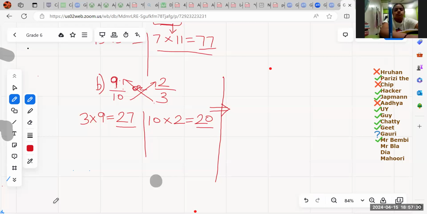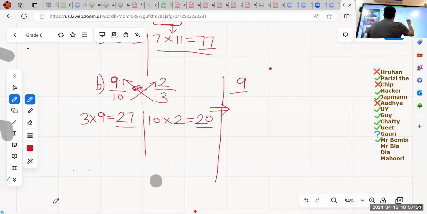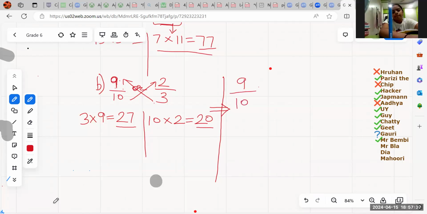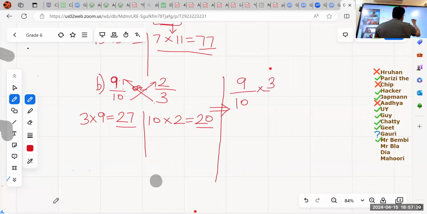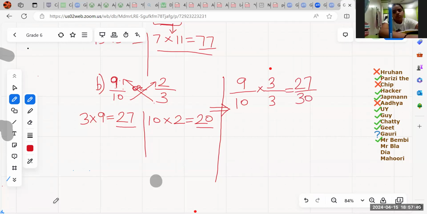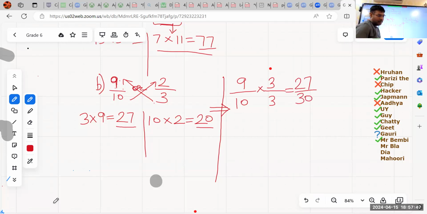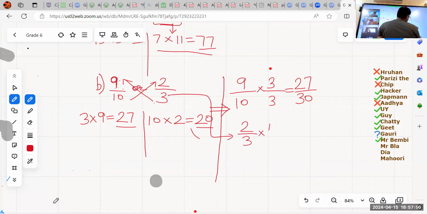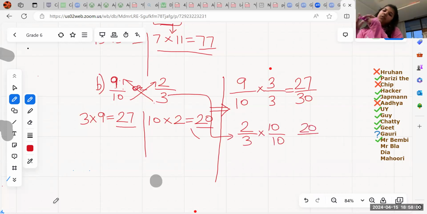You know that we can convert fractions into like fractions. So let me multiply this with 3 by 3. So I get 27 by 30, right? And let me multiply this with 10 by 10. So I get 20 by 30.